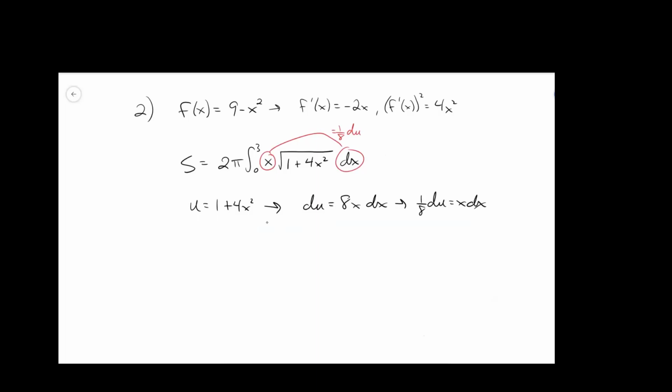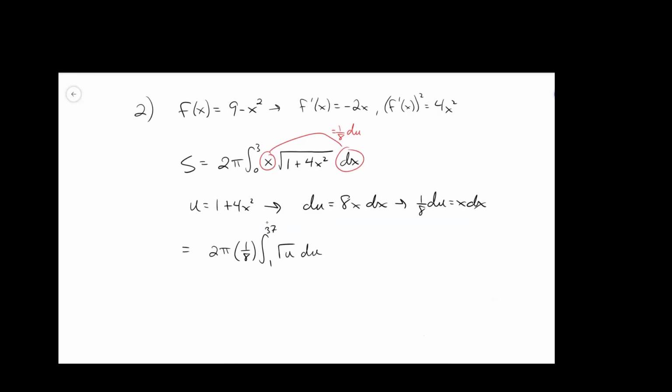And so our new integral here in terms of u is going to be 2 pi, and we'll take that 1/8 out front, and then we'll have just root u here, and then du. The lower bound would end up being 1, and the upper bound would be, what is that going to be? 37, I guess. Right, plug in the 3 there. 3 squared is 9, times 4 is 36, plus 1 is 37.